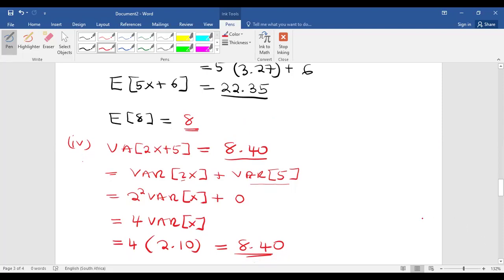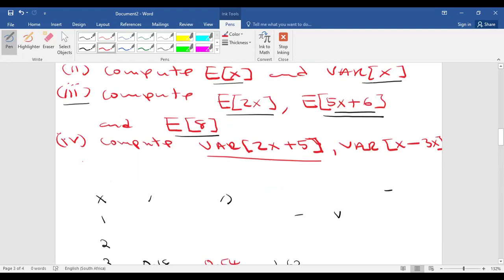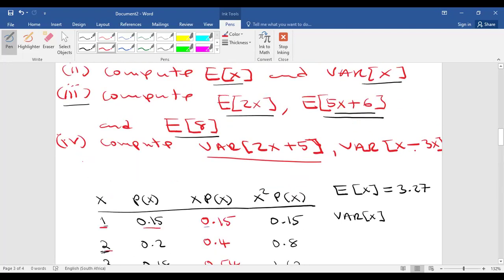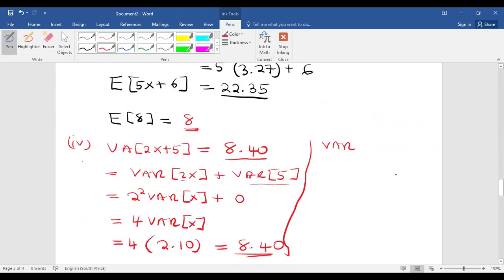Then the second part of this question is where they want you to find the variance of x minus 3x. This is what they want.